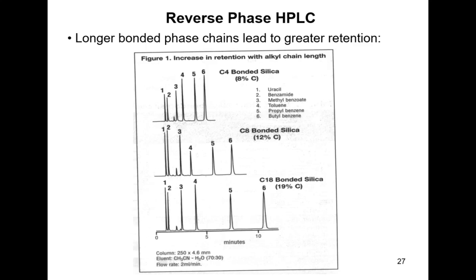At the top it's the C4 silica, in the middle C8, and at the bottom the C18. It doesn't affect the most polar molecules, 1 and 2, that much, but for all of the others you can see a very clear increase in the retention time as you decrease the polarity of the stationary phase.